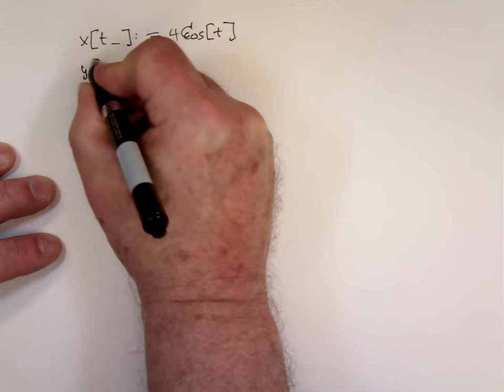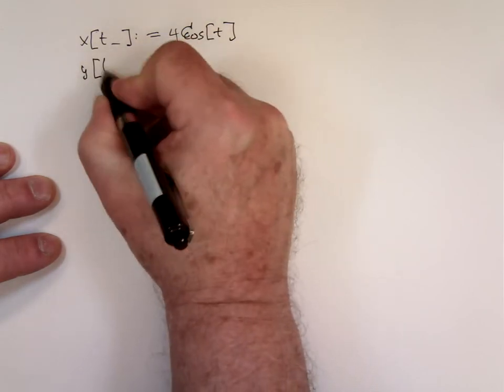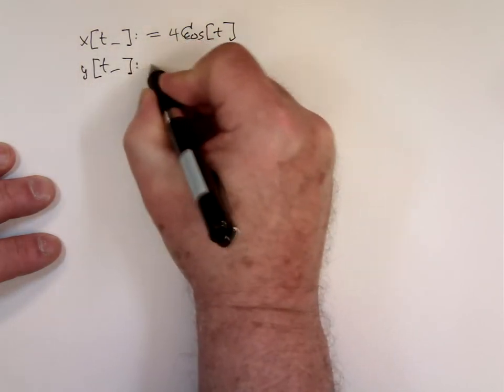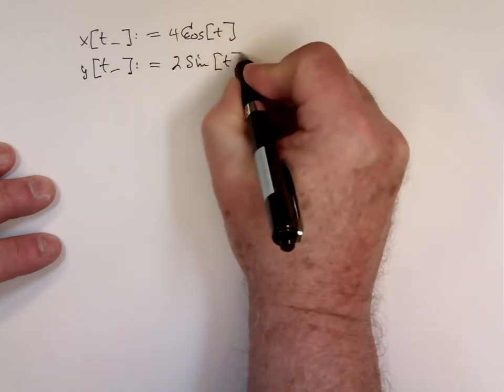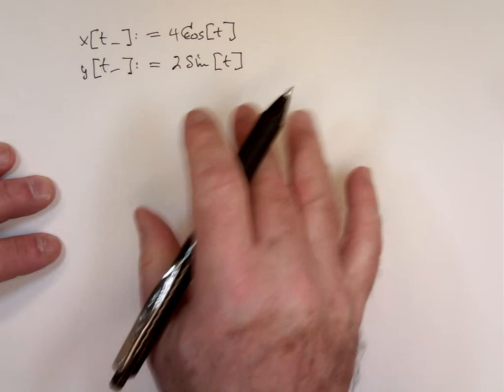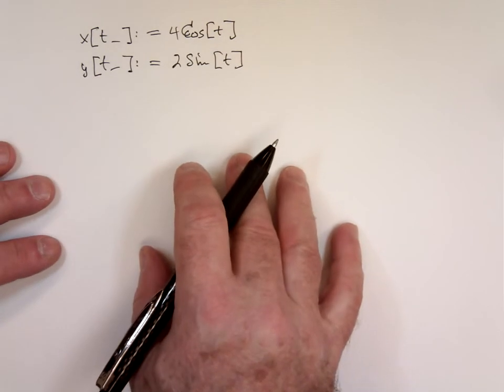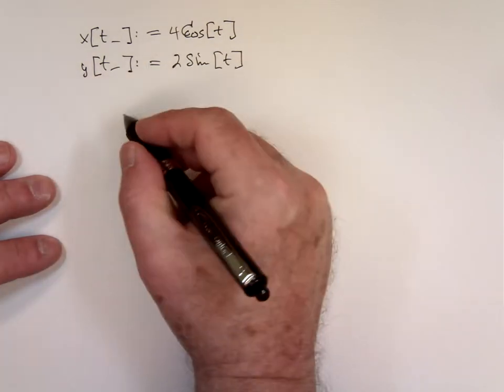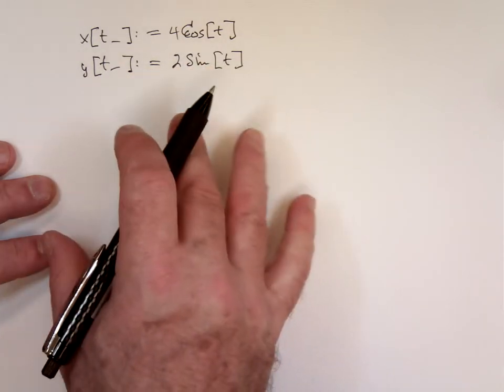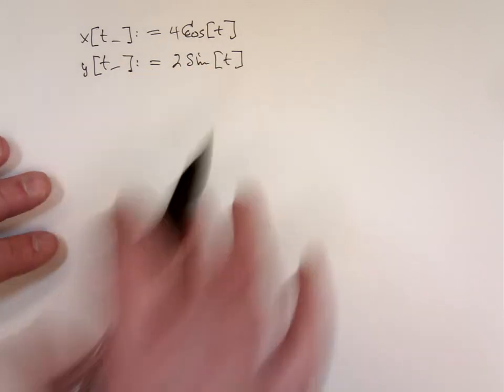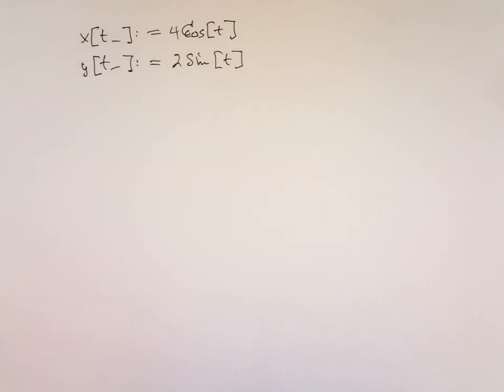Keep them separate. Like 2 sine of t. Oh, okay. And then when you do your table of values, your arrows, you want to go from 0, 0 to x of t, y of t. That's what you want to do for your arrows. And then plot those.